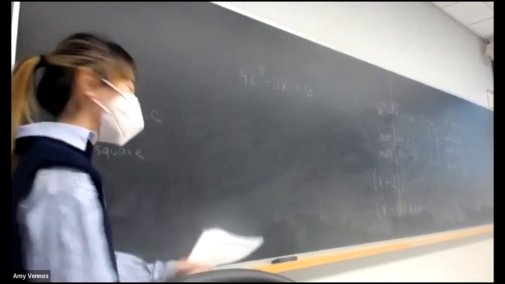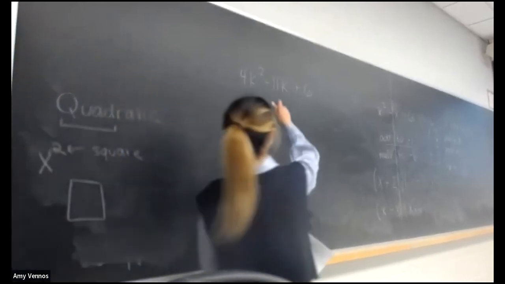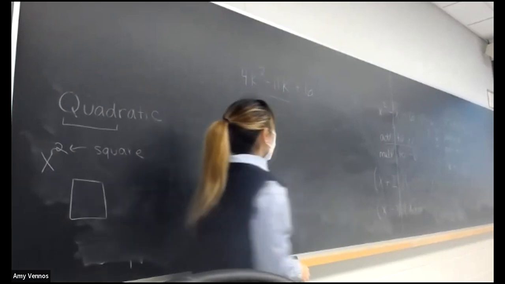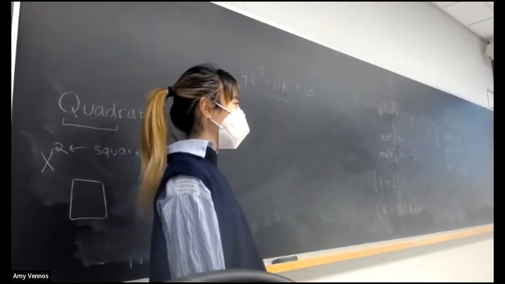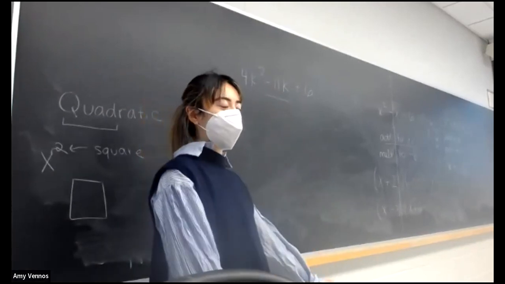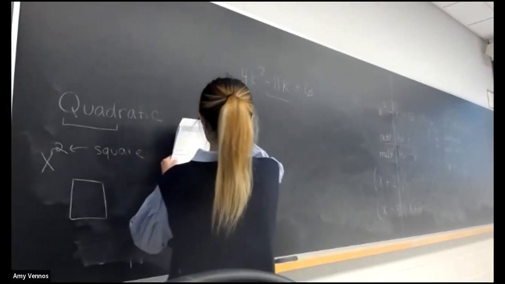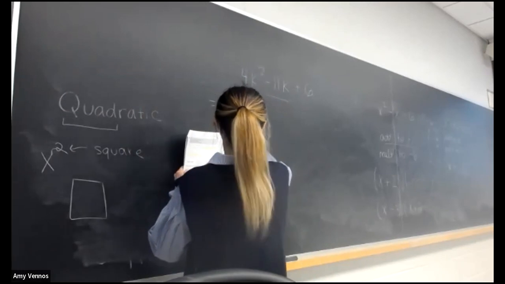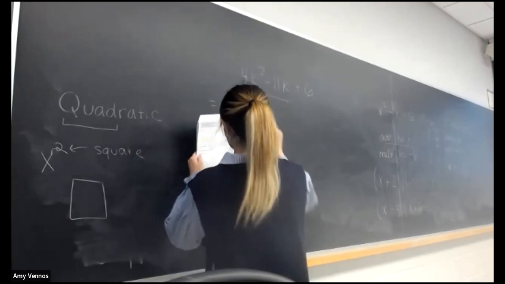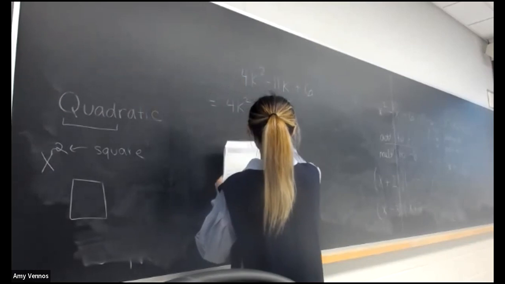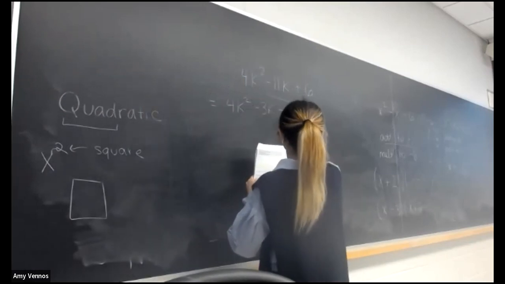What I'm going to do here is I'm going to take this 11k and split it up into 2 parts. Okay. And don't worry about how I'm splitting it up. I think it'll make more sense when I'm finished, but I'm going to take this 11k and split it up like this.